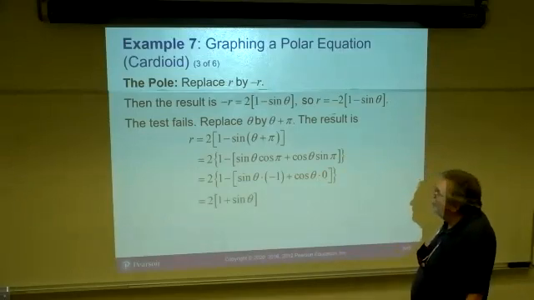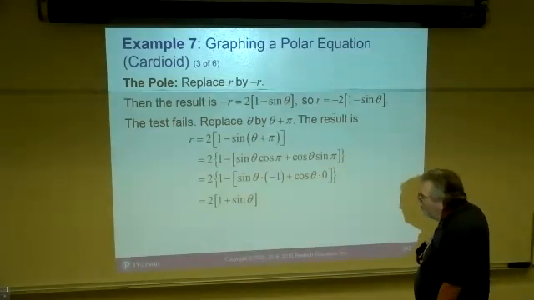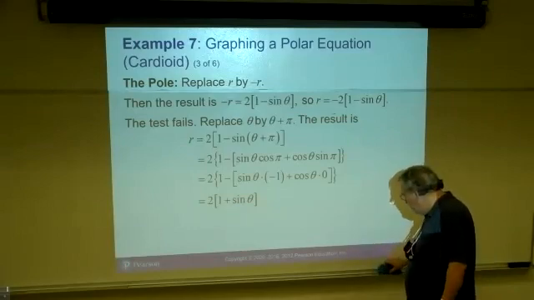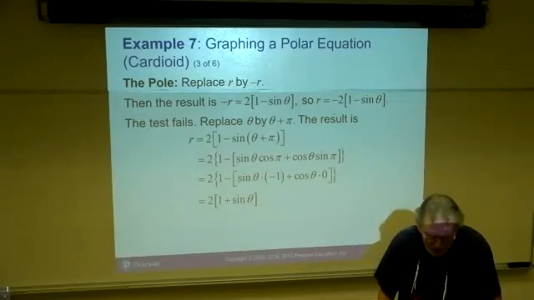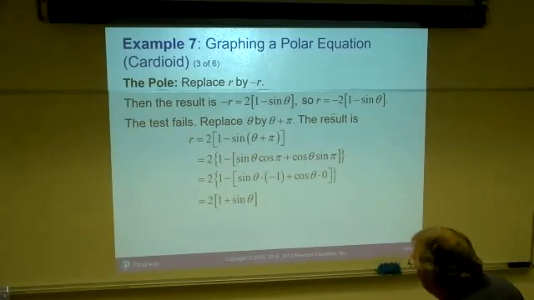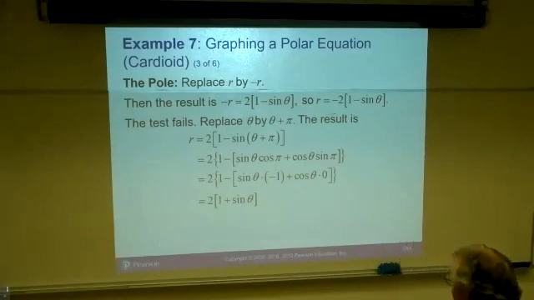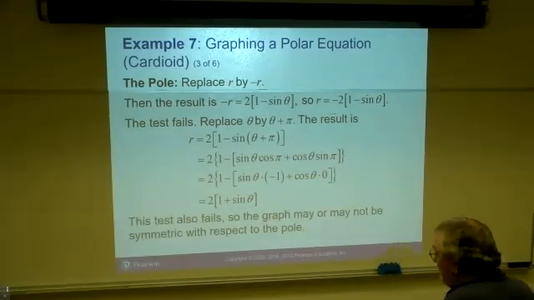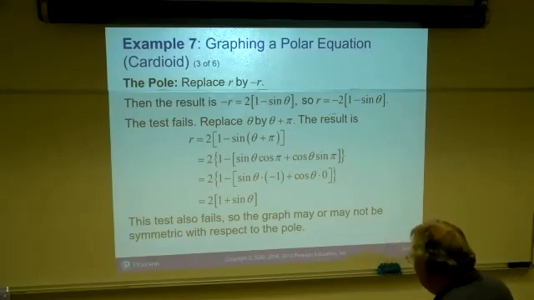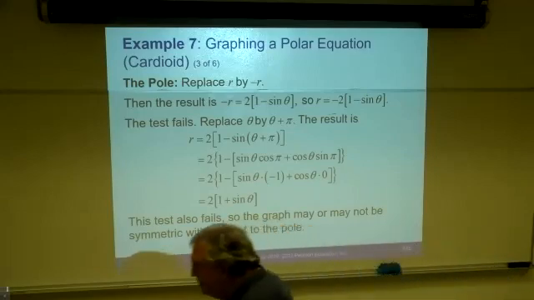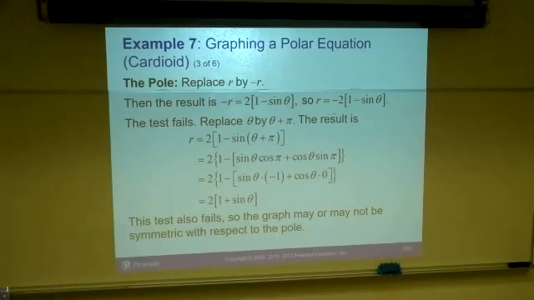And so you don't wind up with the same equation, so it fails that test. Doesn't mean that it's not symmetric to the pole, but the test doesn't show that it is.